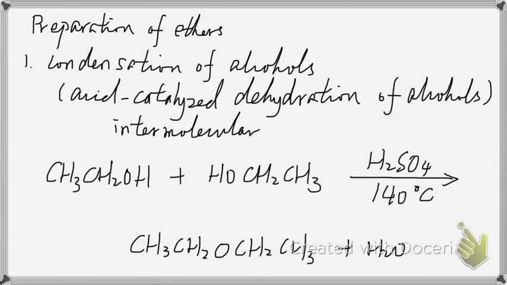alkenes, and that's the intramolecular dehydration. The temperature will make a difference in the intramolecular dehydration. To make alkenes, we want relatively high temperature, 170 degrees Celsius.